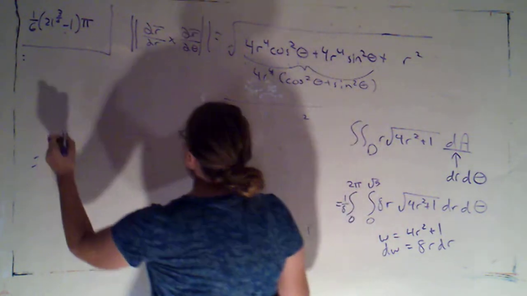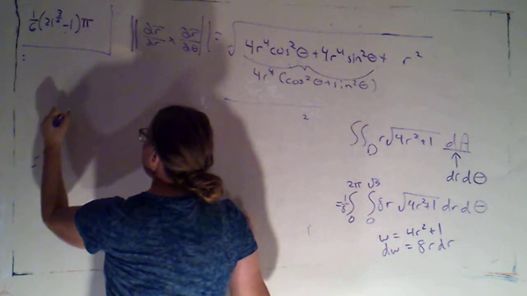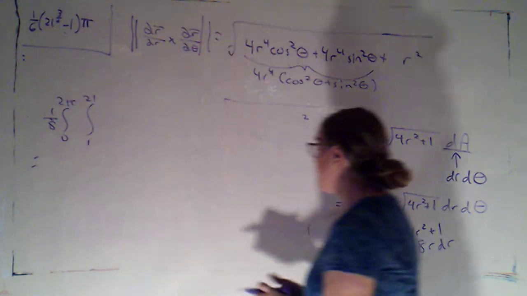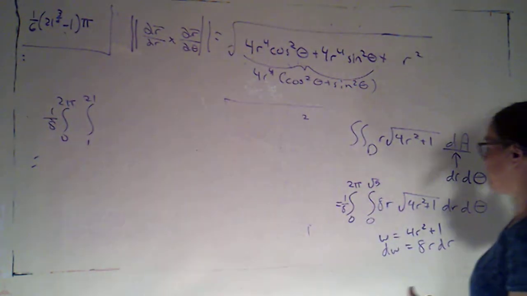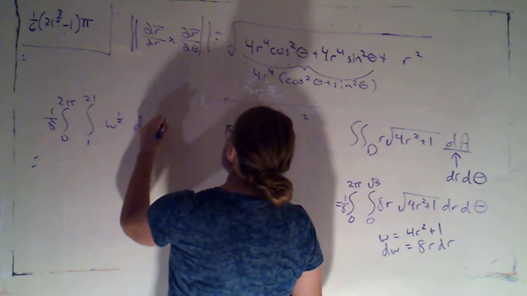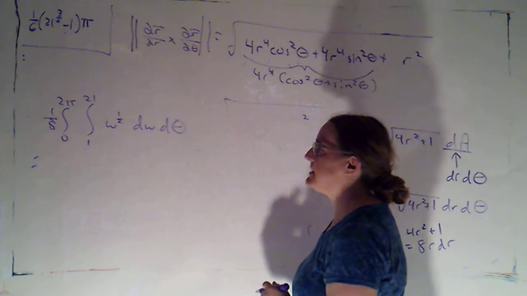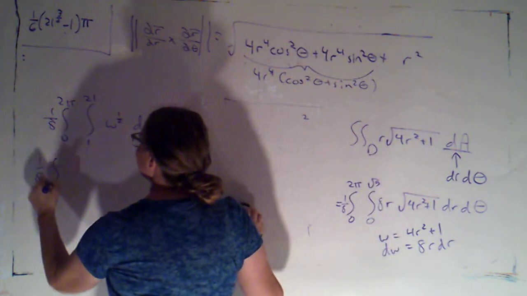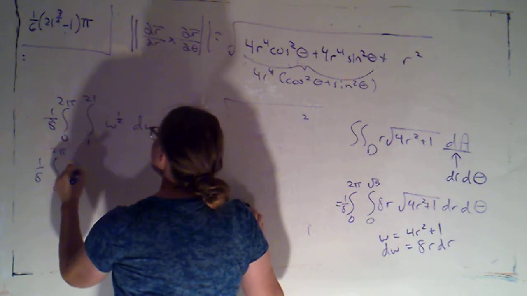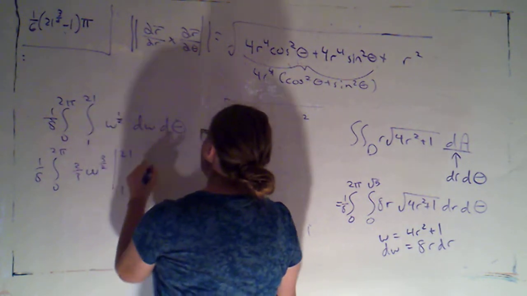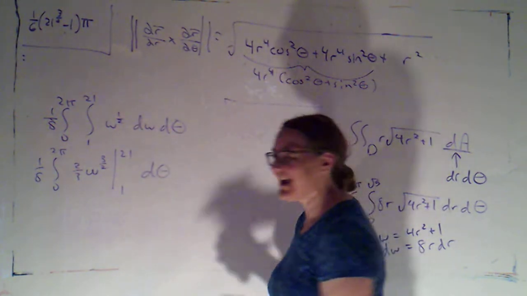And so then we got 1/8 integral 0 to 2 pi, integral from 1 to 21, because our limits of integration changed, w to the 1/2 dw d theta, and that was 1/8 integral 0 to 2 pi, 2/3 w to the 3/2 evaluated between 21 and 1, and then d theta.